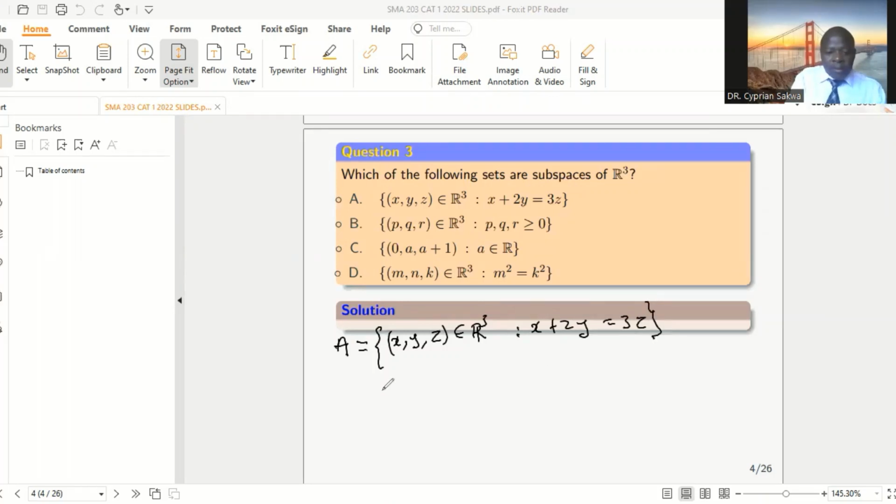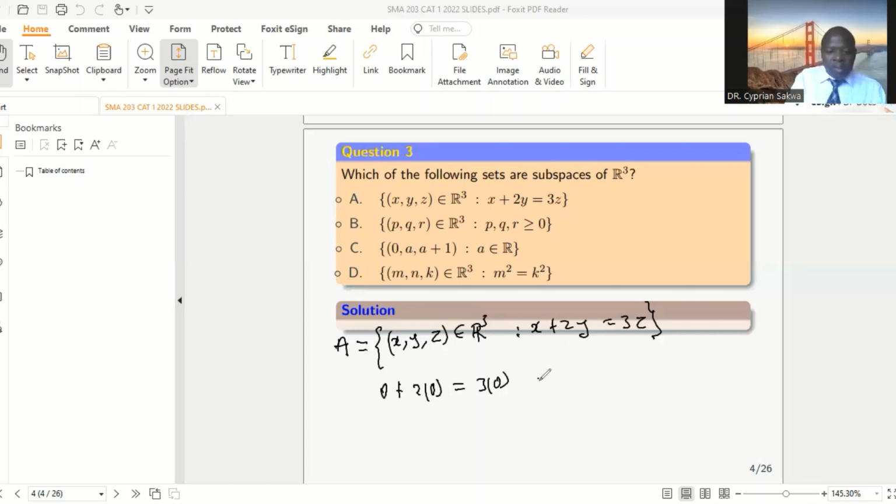Supposing X is 0, and Y is 0, then we would have 0 plus 2 times 0, which is the same as 3 times 0. So 0 plus 2 times 0 is equal to 3 times 0.